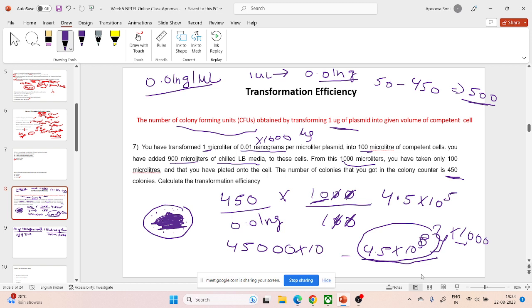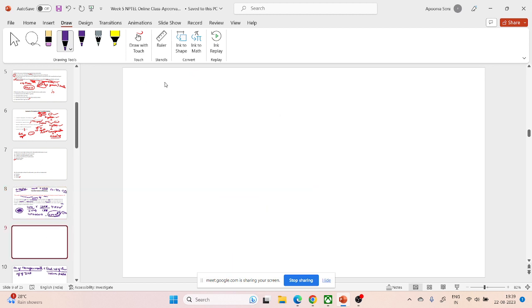So in the question they are saying that you have transformed 1 microliter of 0.01 nanograms per microliter plasmid. That means this is your competent cells and this is your plasmid.